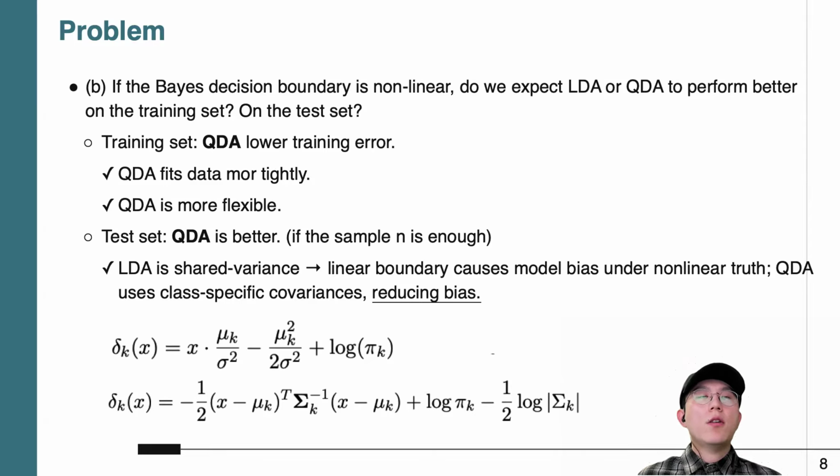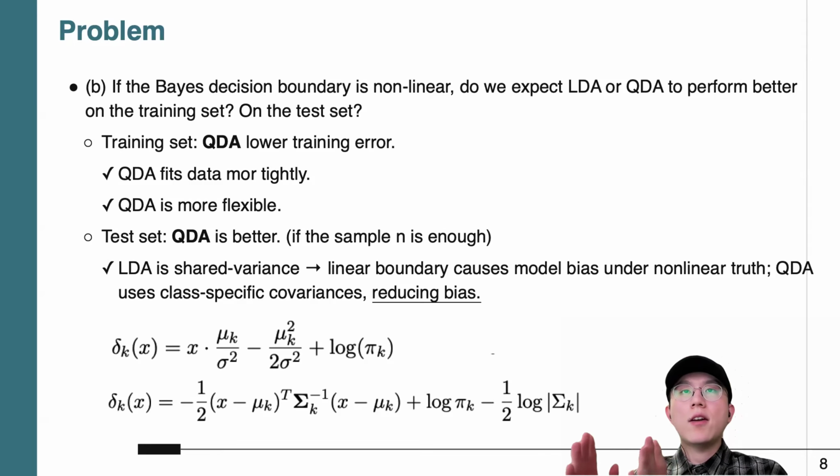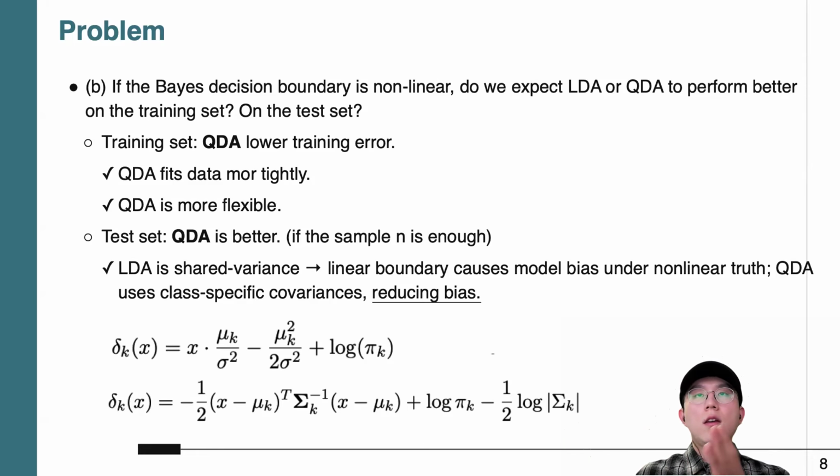The reason: LDA, as I said before, shares the same covariance, but QDA has a different covariance for each class.